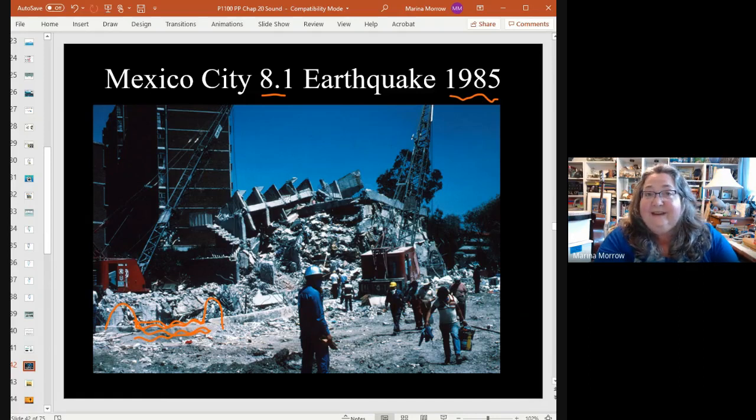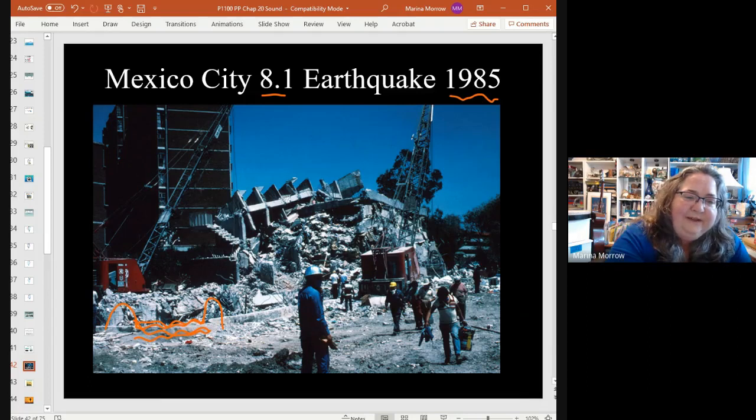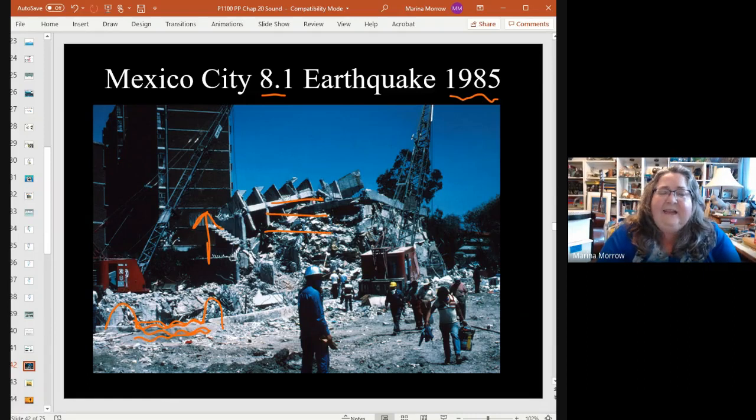But they've rebuilt the city much better since 1985. So the last time they had a big earthquake, there were some fatalities, but not as many as in 1985. But what people discovered in 1985 is that you would have buildings standing right next to a building that has collapsed. And so it wasn't the location, it was the buildings that were causing the problem.